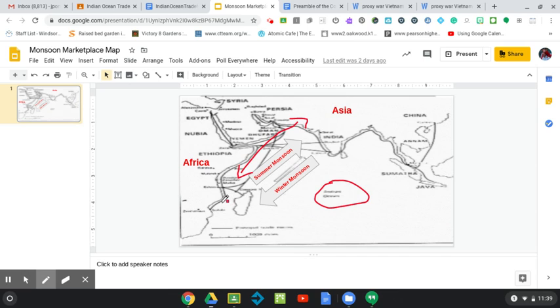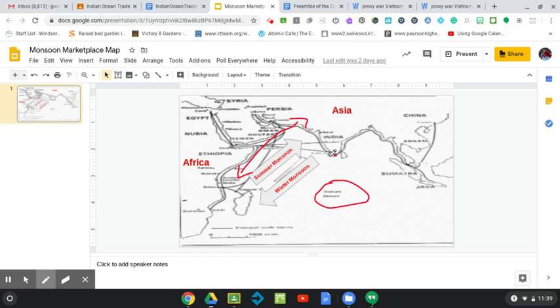So, what they would do is traders from Africa would sail over here to Asia. They would pick up all the goods they wanted to get, go to the Spice Islands, get some spices, black pepper. They go to India and they get some cotton, that kind of thing. They might go to China to get some ivory. And then once they've collected all this stuff that they're going to trade in Africa, they would have to wait for the winter monsoon winds.